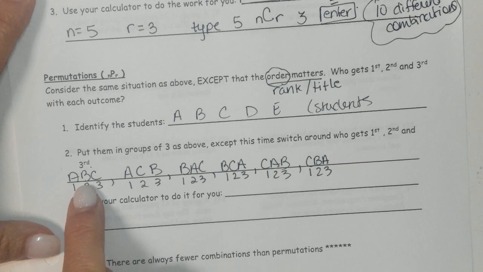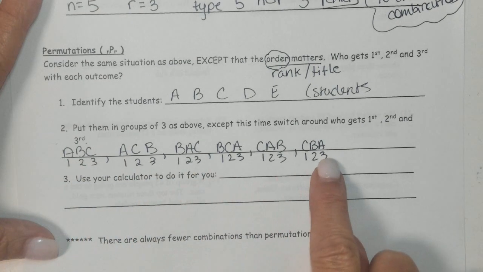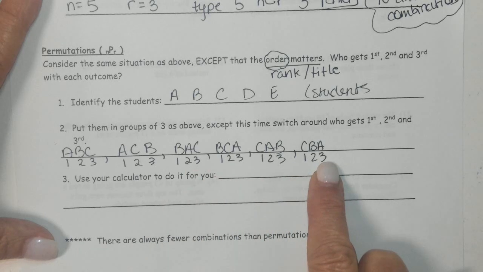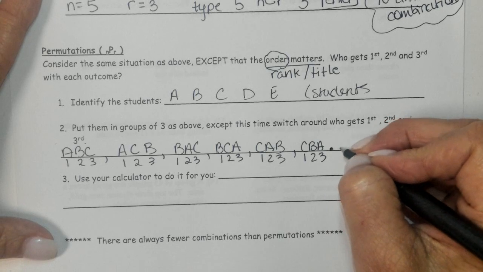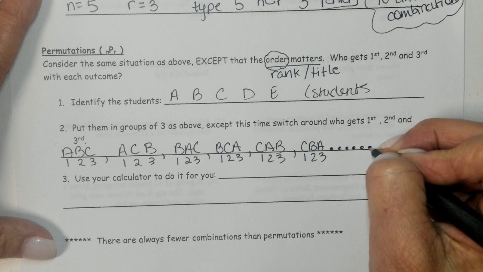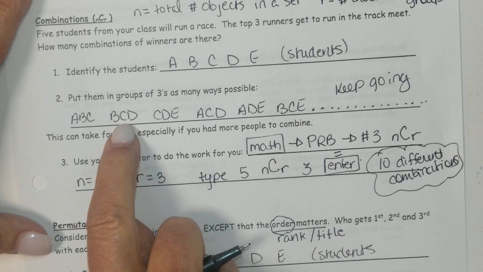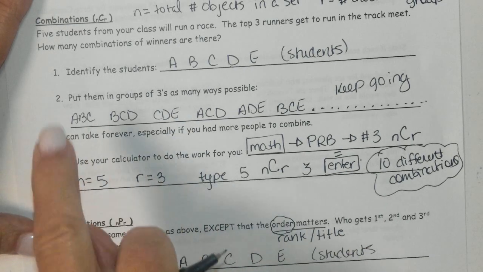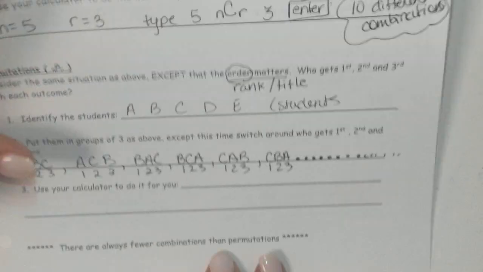So within the same combination of students, I can organize them 6 different ways for their places. That was just one group of students. Now we would have to choose another group, BCD, and do the same thing with them. Rearrange them all the different ways we can rearrange them for coming in first, second, and third.